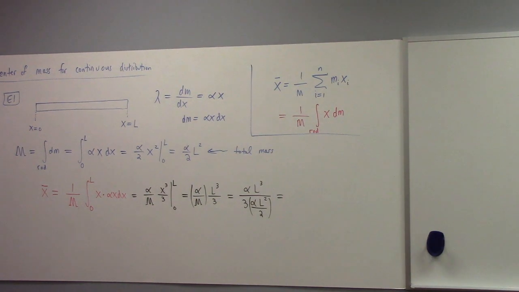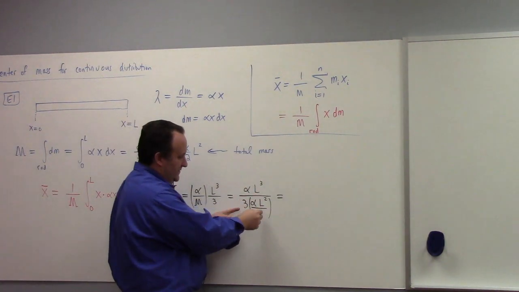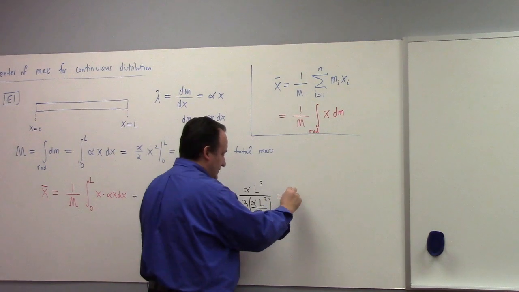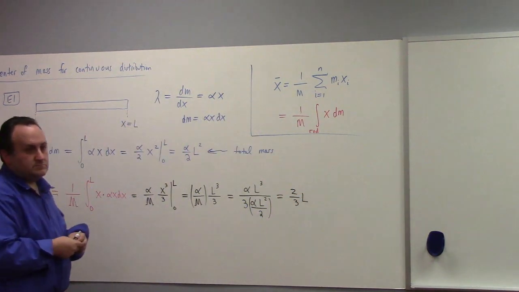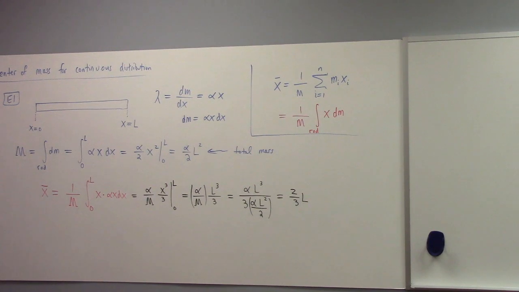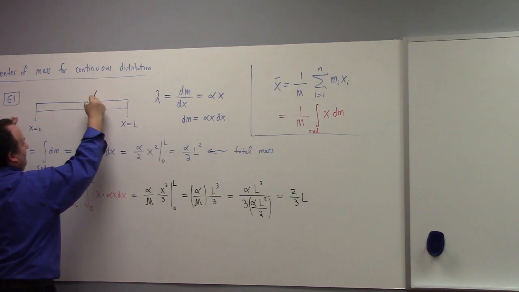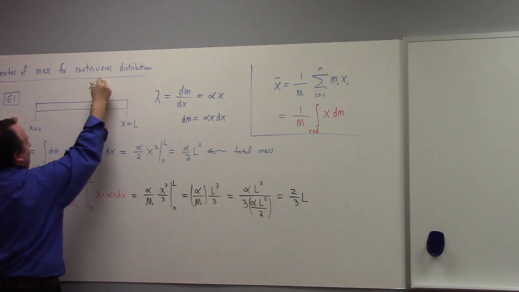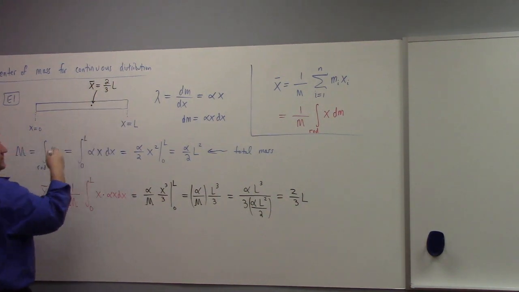Whatever that constant is, it cancels. And it looks like we get 2/3, 2/3 L, I believe. So the center of mass is right about here. Two-thirds of the way over.